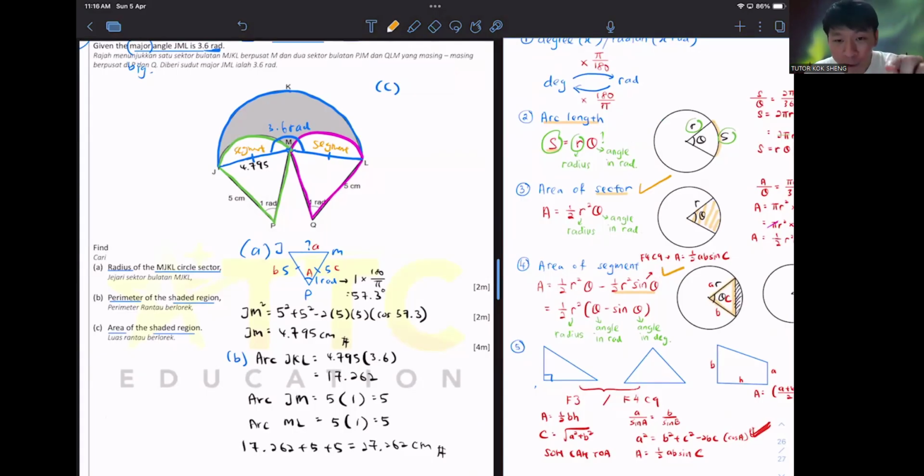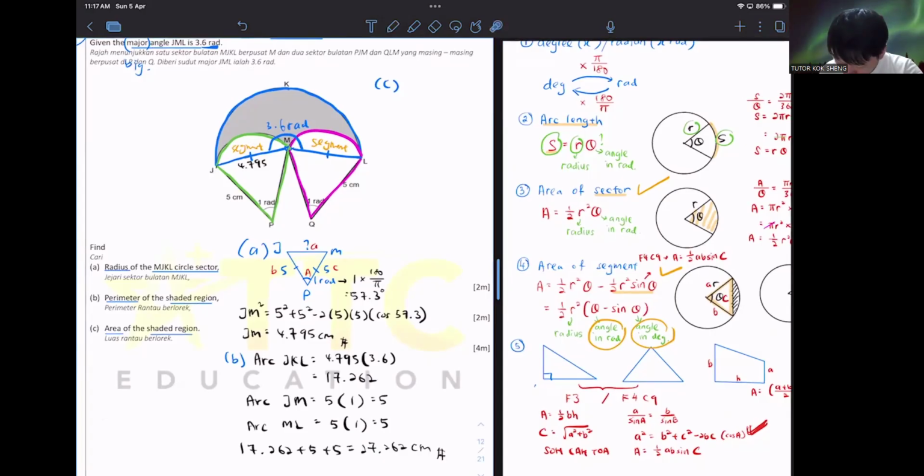So be careful. For segment area, the theta, you have two: one is in radian, one is in degree. Which means for the segment, on the one in radian, you have to sub in 1 and also 57.3. Both formats, both.